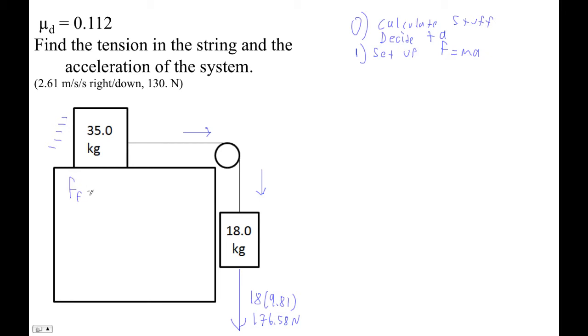So the force of friction is R times the coefficient, which is 0.112 times 35 times 9.81. That's 38.4552.